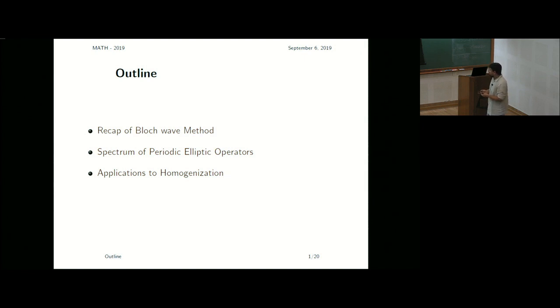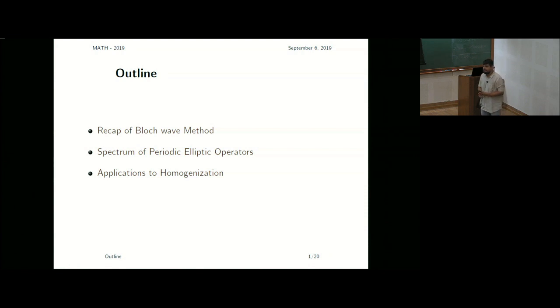I would like to mention that Bloch waves have been around for a very long time, but the Bloch wave method as a framework for homogenization was formalized by Conca and Vanninathan in 1997. Since then, it has been extended to many other situations, such as non-self-adjoint operators and the Stokes system, and also for some non-periodic situations.